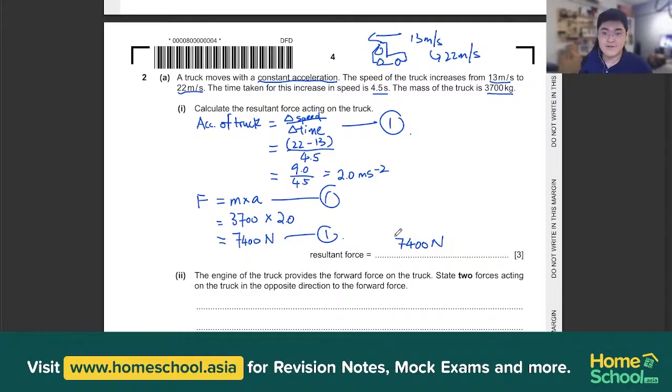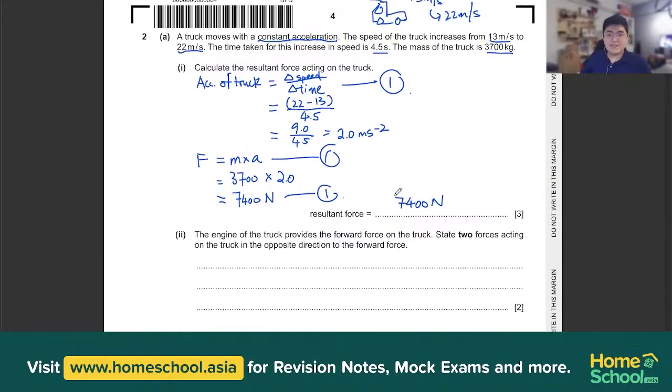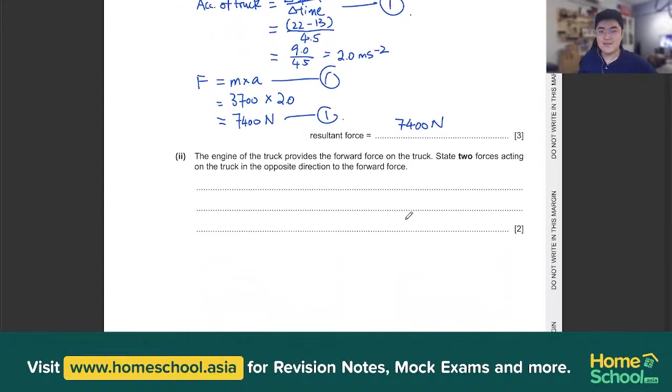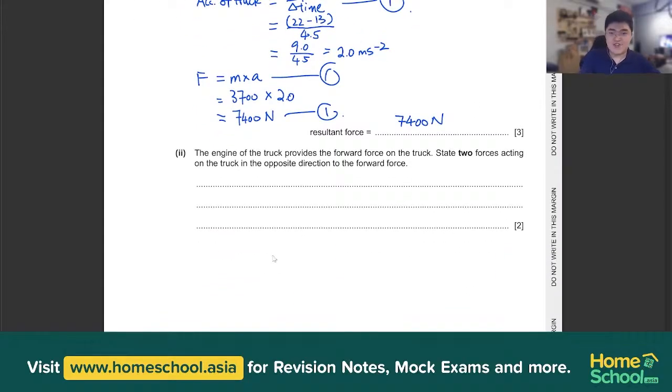Okay. Right. So we now have found the force acting on the truck. Now we need to state the two forces that are acting on the truck in the opposite direction of this forward force over here. All right. So immediately you do know that as the truck moves forward, let me just bring my silly little drawing again. All right. As the truck moves forward, this 7,400 newtons, there should be two forces dragging it backwards.